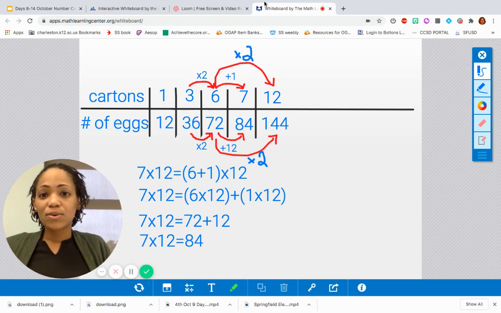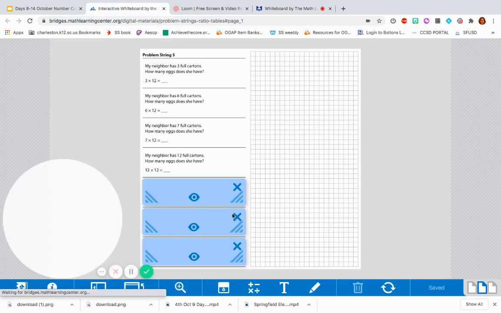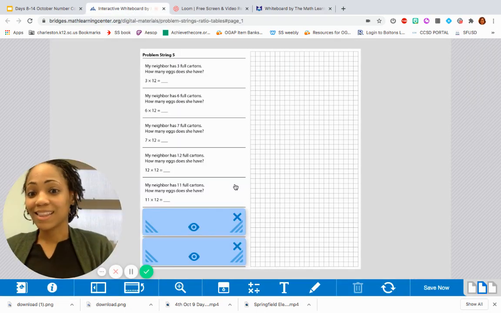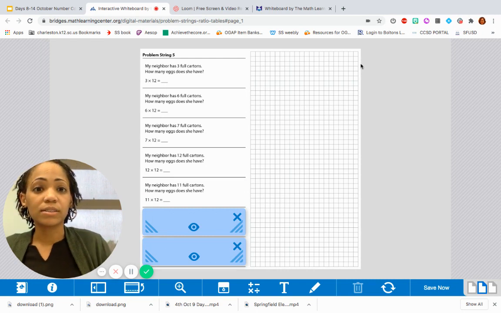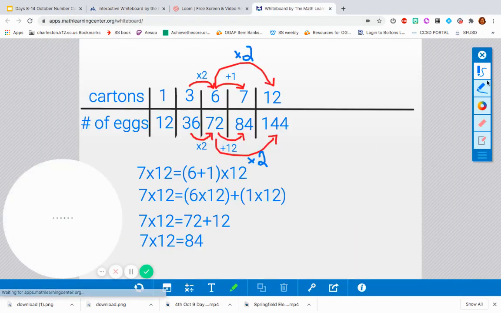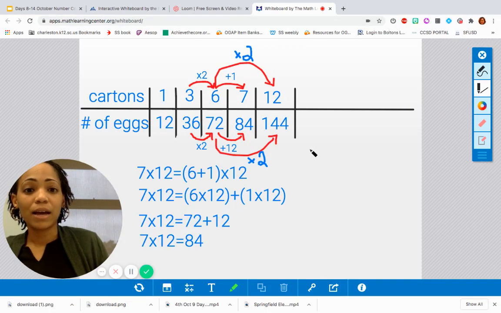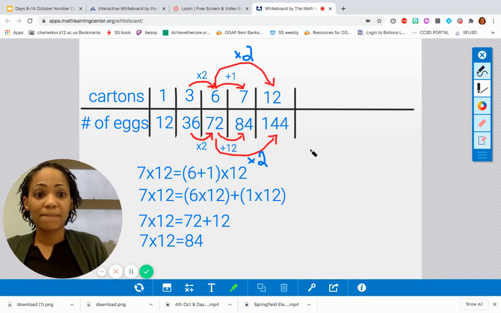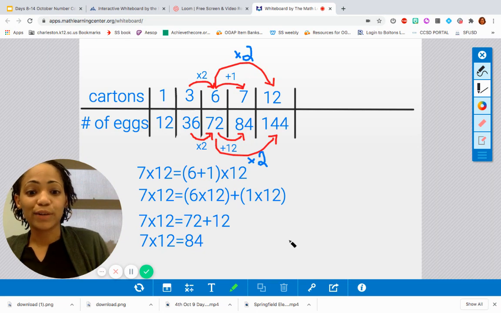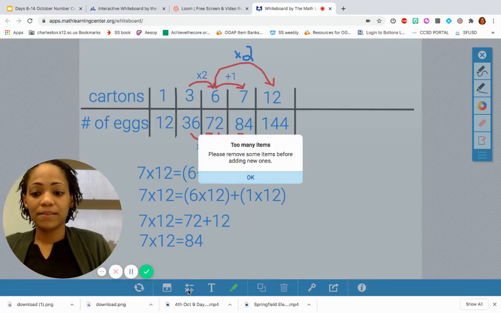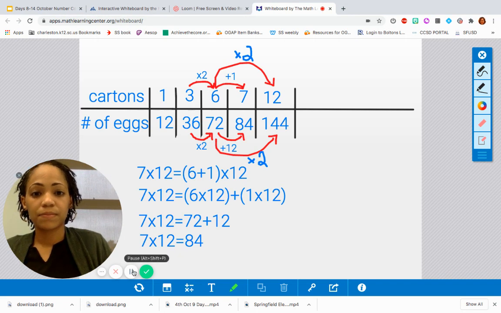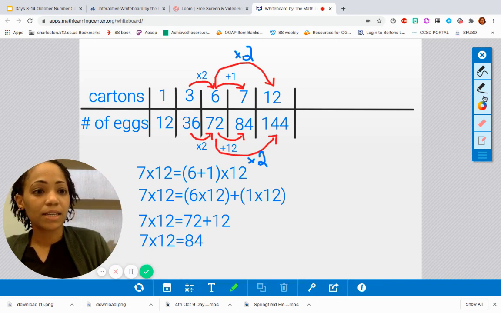Well, now I want to know, I almost told it to you. The next one is 11 times 12. Now I have 11 full cartons. What can I do? Yeah, earlier we added a carton with 6 to 7. Right now, what are we actually doing? We are essentially taking a carton away, right? Because now I have 11 cartons. I'm going to have to write these in because it's telling me I have too many things on my whiteboard, but we'll make it work.